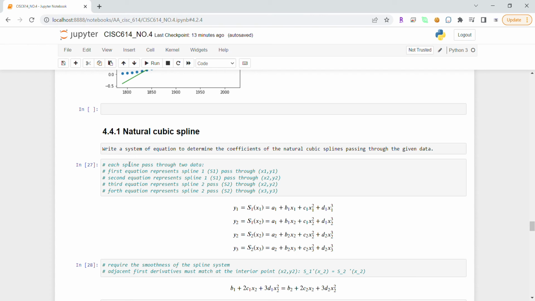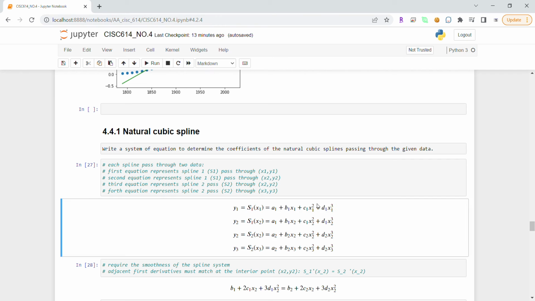So the first constraint is we will make the spline pass through the data points, and so the first equation represents spline 1, which passes through the first point, x1, y1.